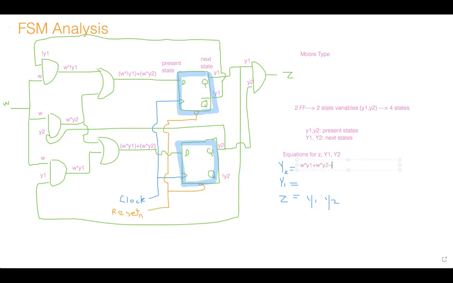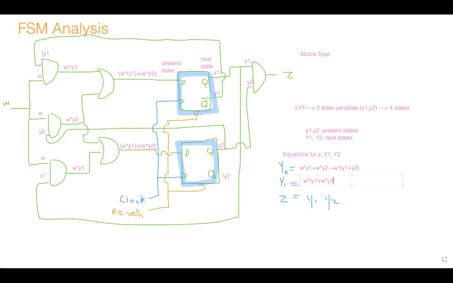And we can just simplify this. And so it can be w times (y1 plus y2). And then for our next one, for Y1, if we're looking at this, the next state, it's determined by the present state here, which is w times not y1, plus w times y2.